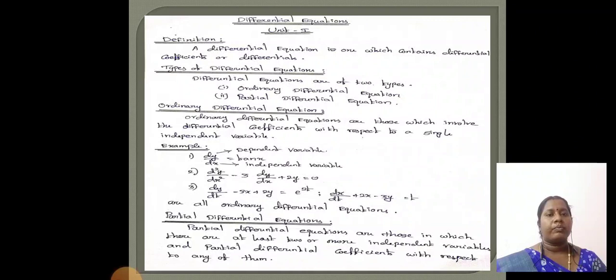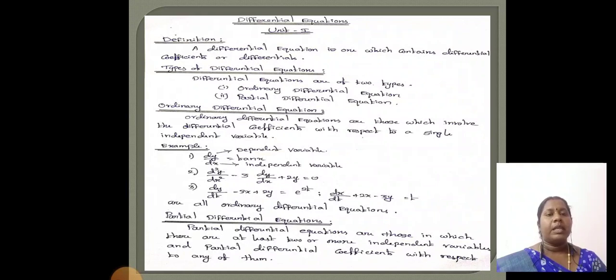Example 2. d square y by dx square minus 3 into dy by dx plus 2y equal to 0. This is also an ordinary differential equation because it is a differential equation with respect to a single independent variable x.